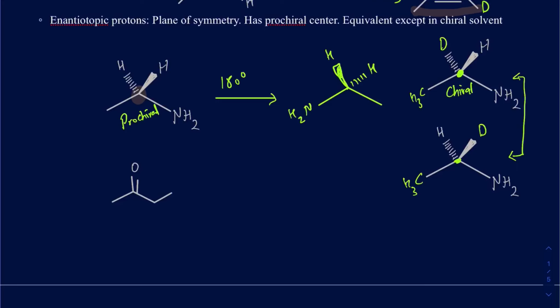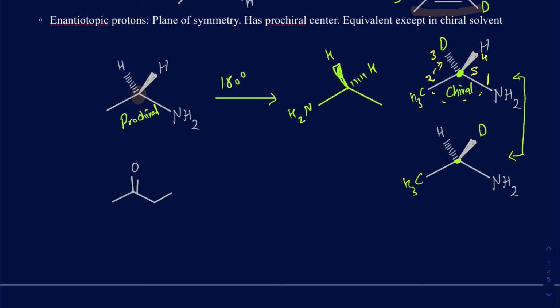To figure out the R and S centers, NH2 is going to be 1, CH3 is 2, deuterium is 3, and hydrogen is 4. You can clearly see it's going clockwise from 1 to 2 to 3. But remember, your deuterium is going back into the page, so you have to flip it. When you flip it, it goes counterclockwise, so this particular one is S.